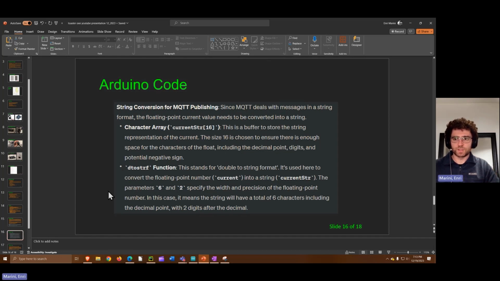Then we essentially convert it to a string format using some floating point current, using the data string function. And that's how we're able to get a pseudo voltage reading in our Arduino without a burden resistor.